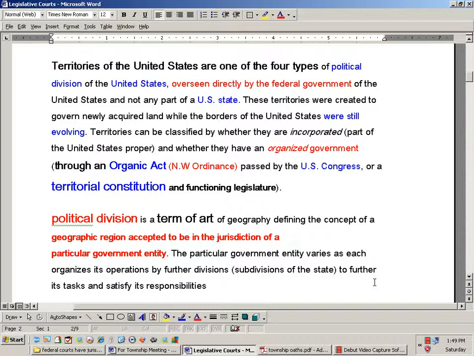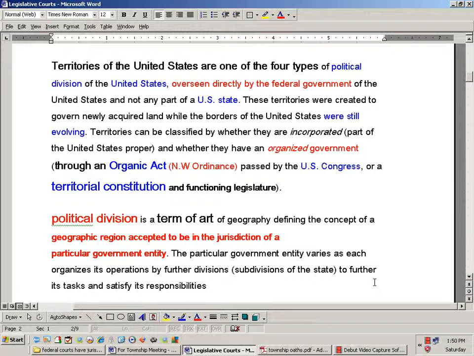Territories of the United States are one of 4 types of political divisions in the United States, overseen directly by the federal government of the United States and are not part of any U.S. state. So they're not part of you. They're the territory upon which you reside. These territories were created to govern newly acquired land while the borders of the United States were still evolving.